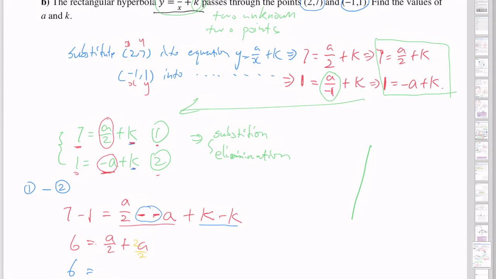Then we can add them together, it will become straight a plus straight a over 2. Solving it out, a will be equal to 4. So now we find a, the value of a is equal to 4.